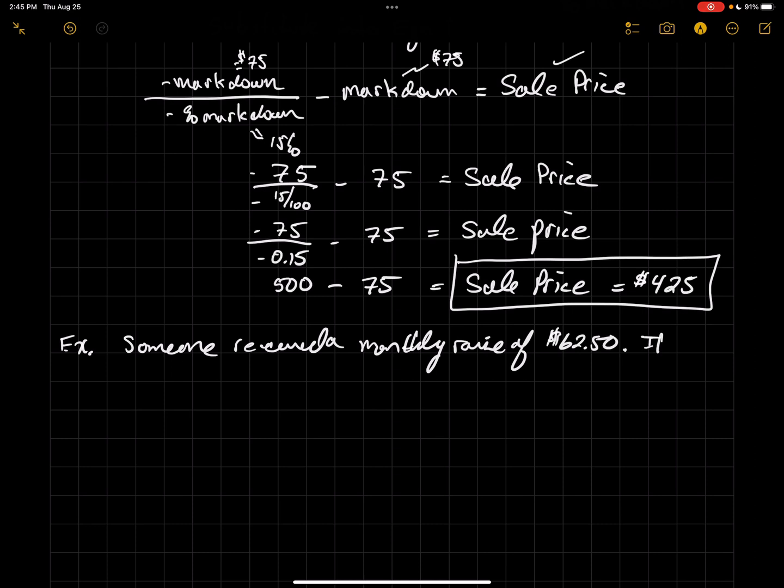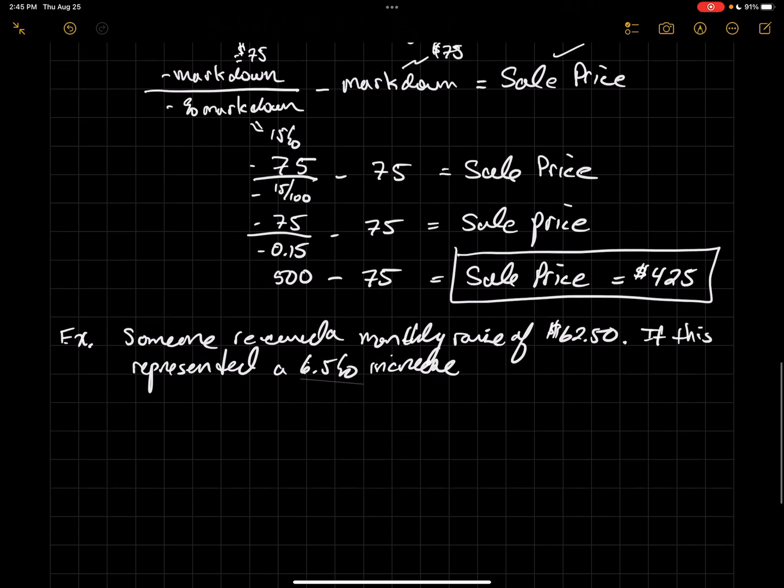We're then told that $162.50 represented a 6.5% increase. The question becomes, what is the person's salary after the raise?